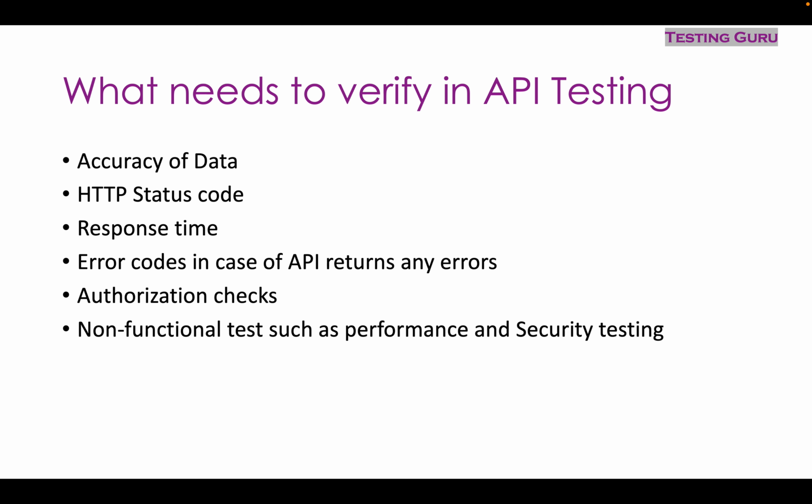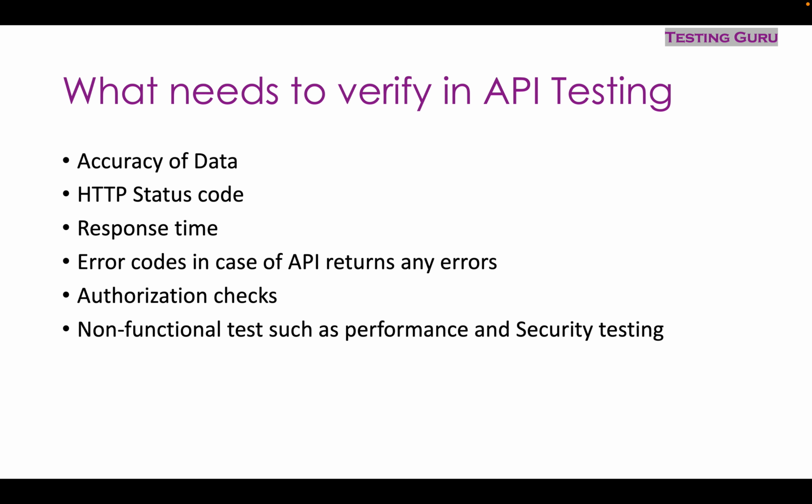And as I mentioned, the different status codes, error codes are a very important thing. In case the API returns any errors, it shows the error codes. And also we check the authorization, whether valid authorization checks are happening or not.